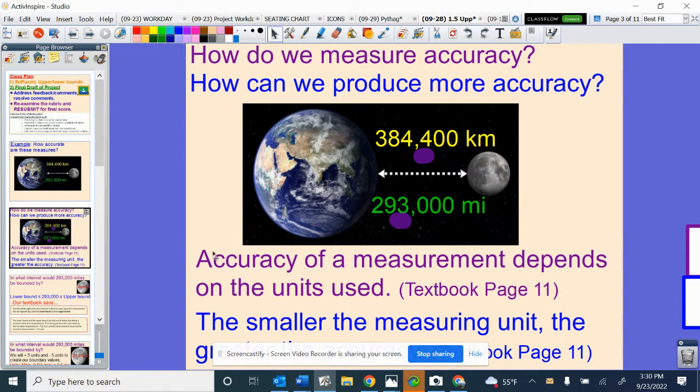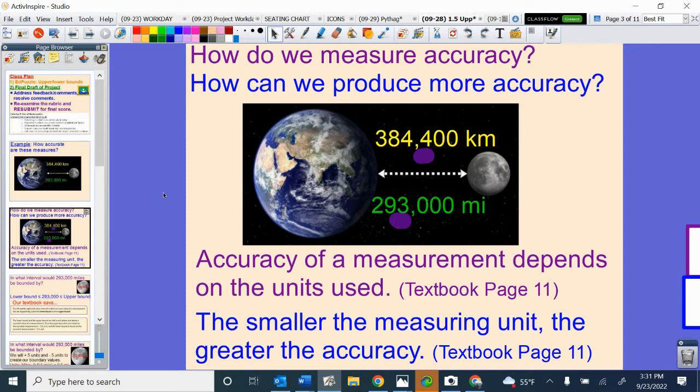So, looking more closely at what our textbook resource says, it all depends on what measurement you're using. One is in kilometers. That's rounded to the 100th place. But the miles is rounded to the thousands. So you could say that the kilometers is more accurate because it is rounded to a smaller number.